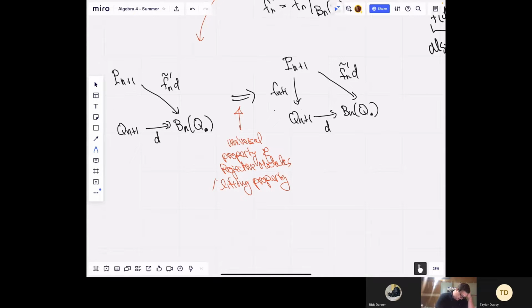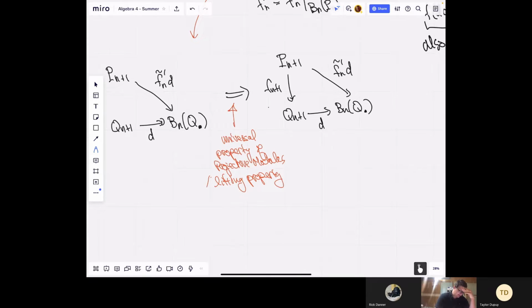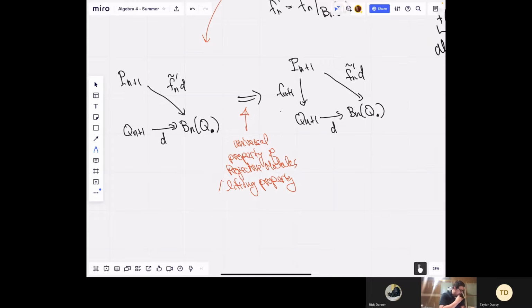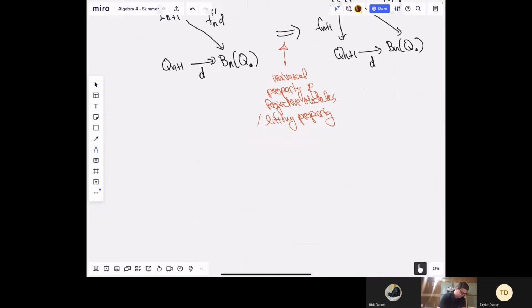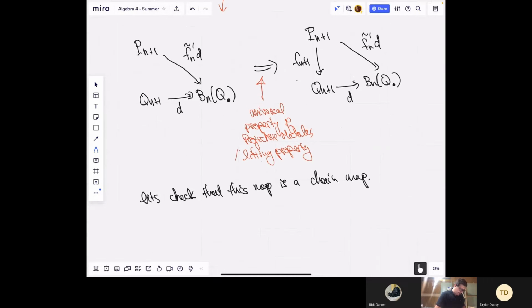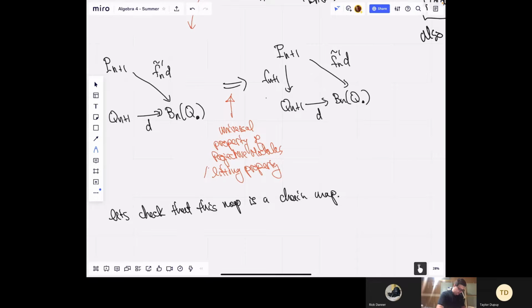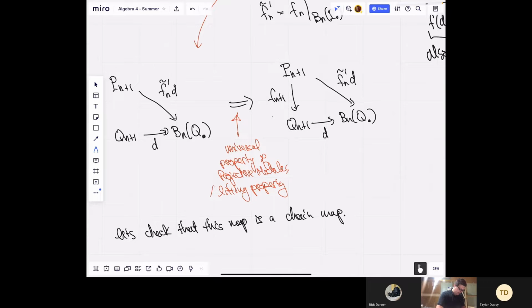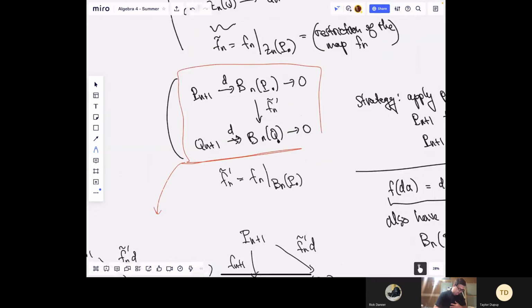Now we have this map, and let's check that this map is a chain map. What do we need to check? We need to check that after introducing this Fn plus 1, it commutes the way we wanted it to.